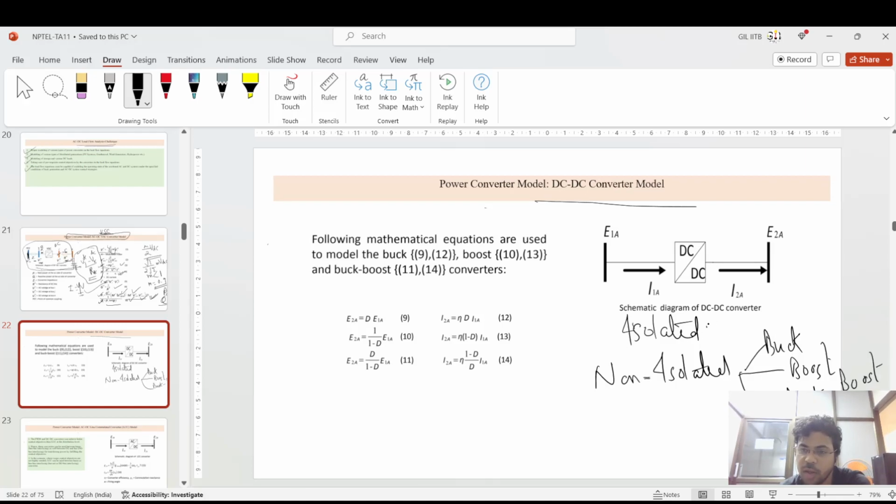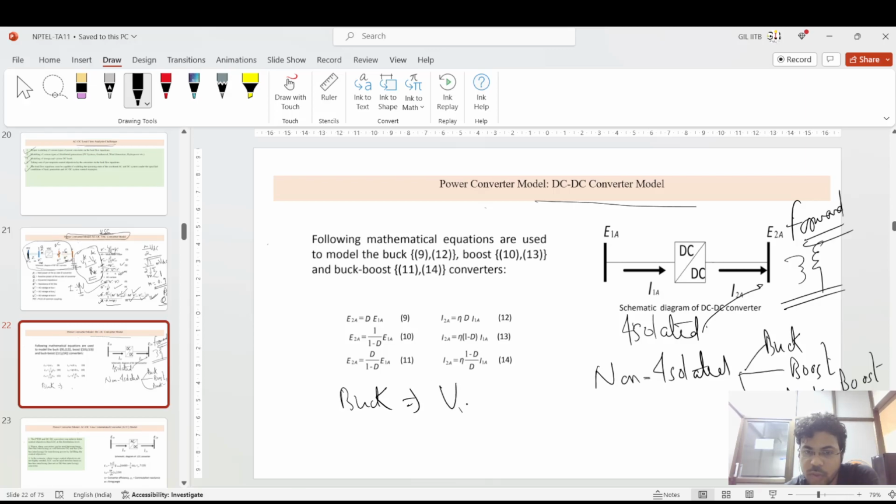In the isolated system you have multiple types of converters involved in the DC converter as well, and the equations are nearly the same. A forward converter is one of them.